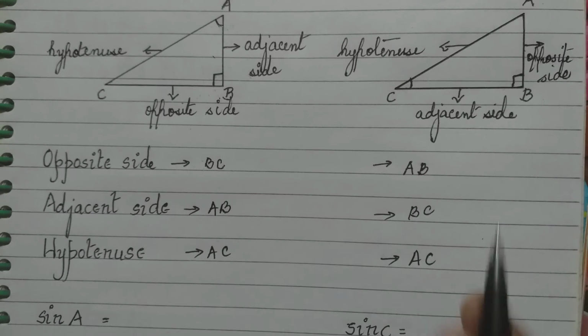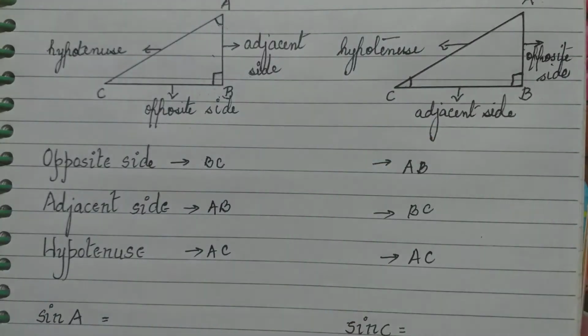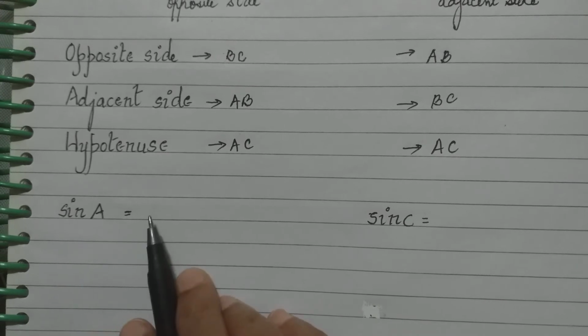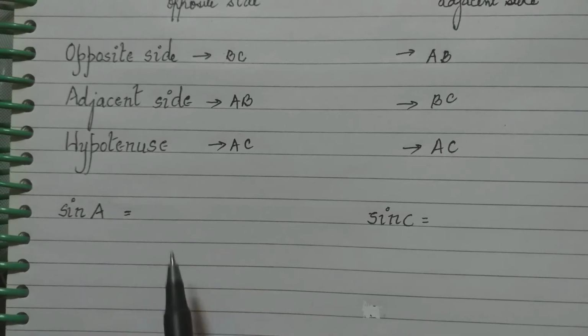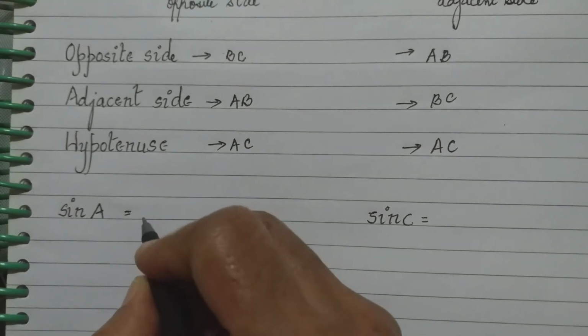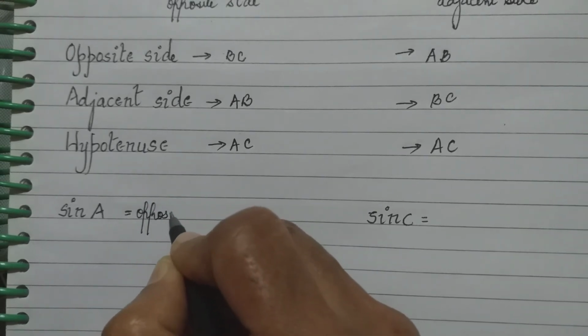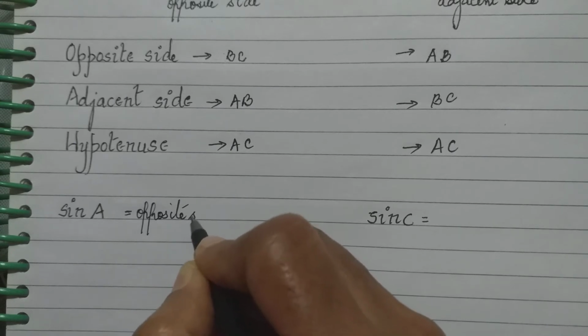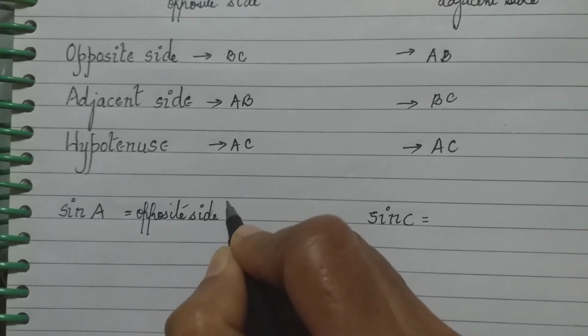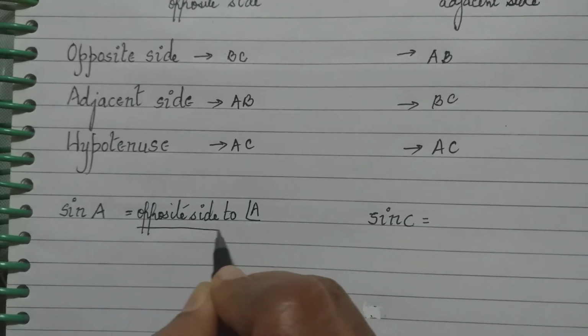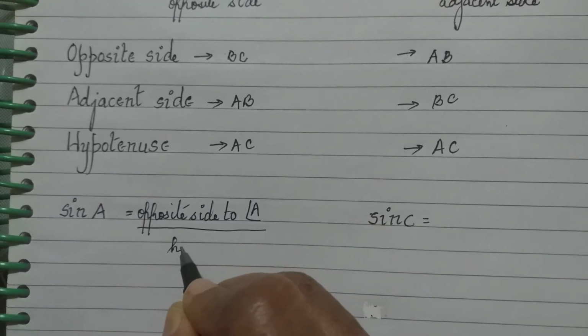So sine C, because the acute angle under consideration is C. Now, when I have to find sine A, the formula I use is the opposite side to angle A upon the hypotenuse.